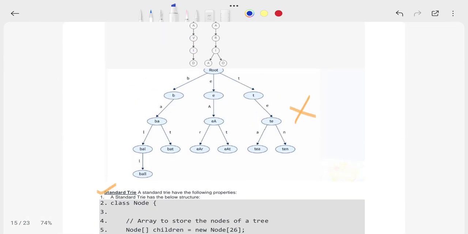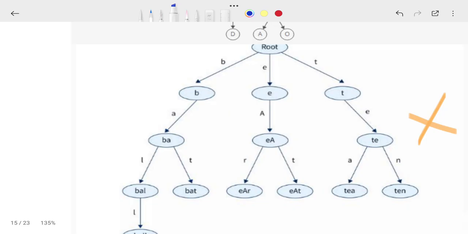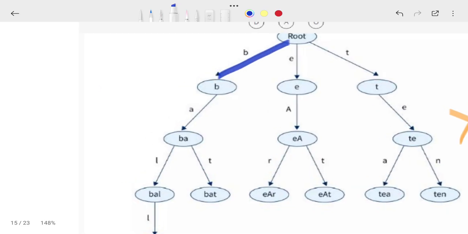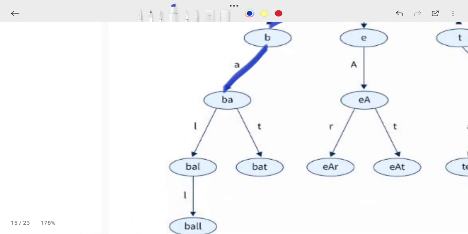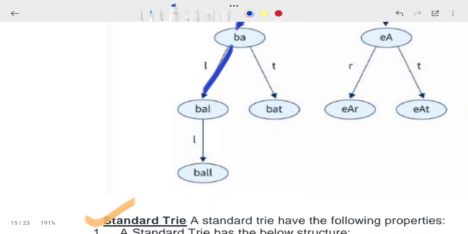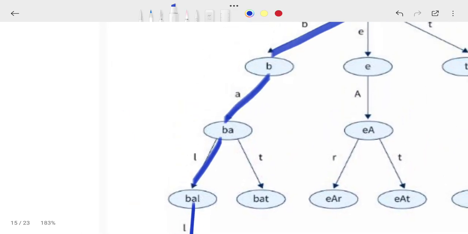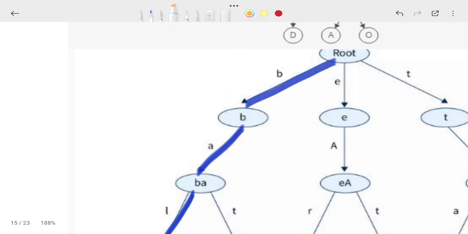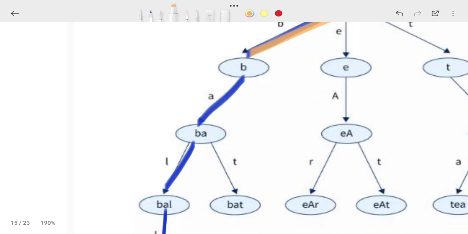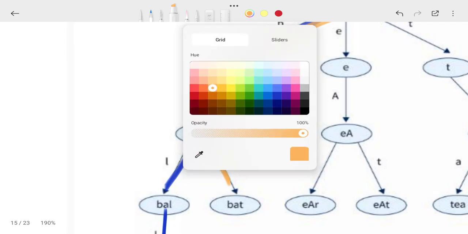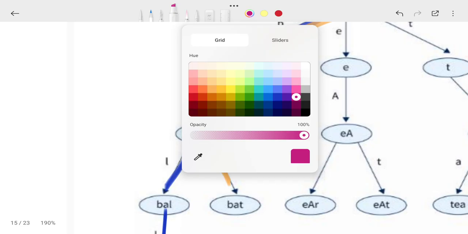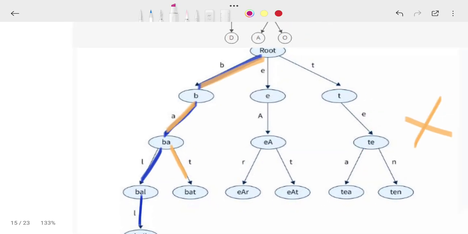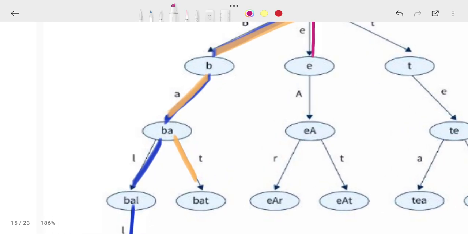Here also you can see according to my text I am going B, and after that A, then L, then L, ball. Very easy. Now suppose you have another one B, A, T, bat. Suppose you have another one, you have E, A, R, ear.